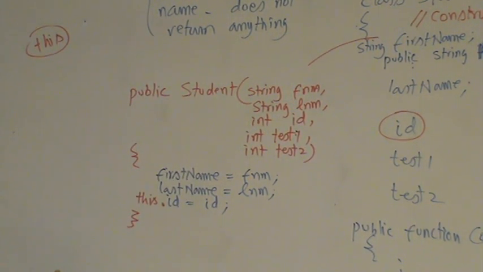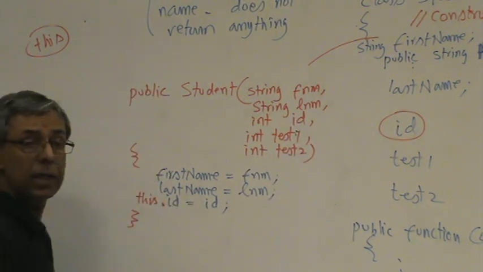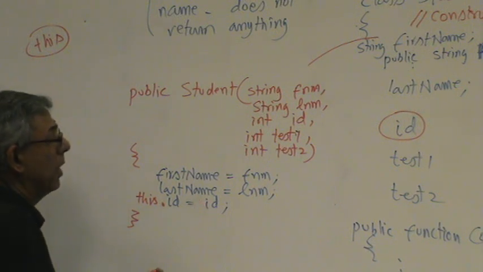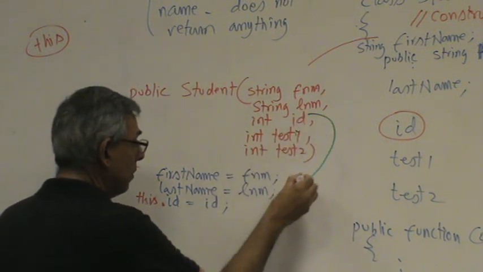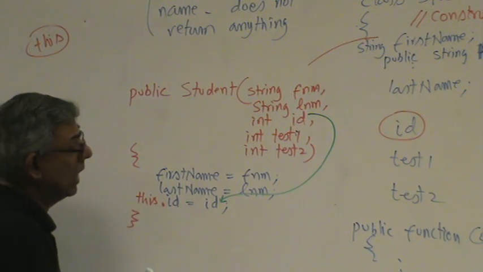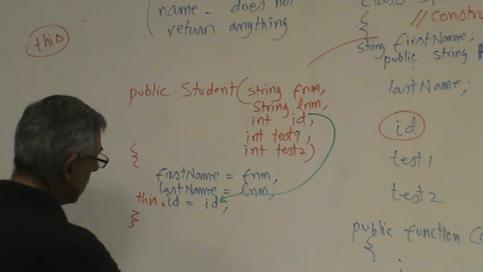So this way there's no confusion. This dot ID will be the ID belonging to the class, and this ID will be the parameter that we are receiving, okay? So anytime there's a confusion in names, to clarify it, we'll further use the keyword this.